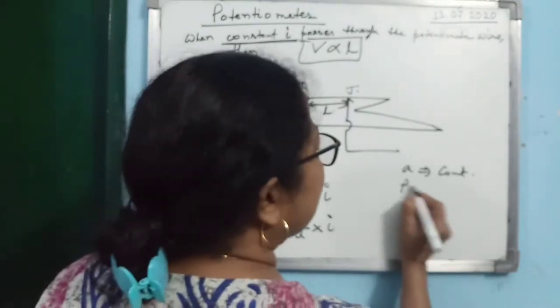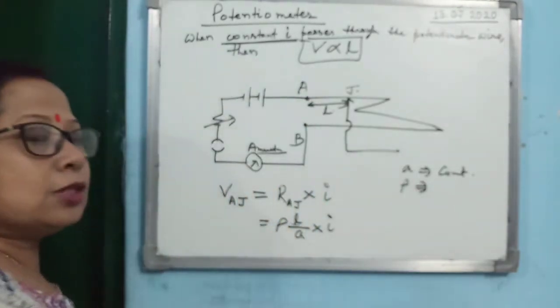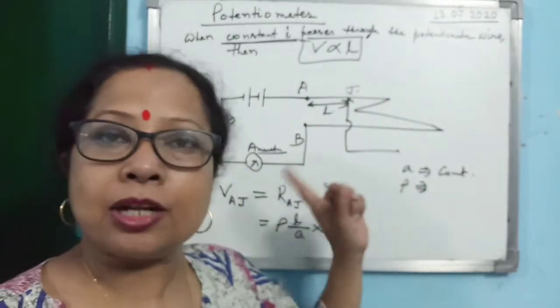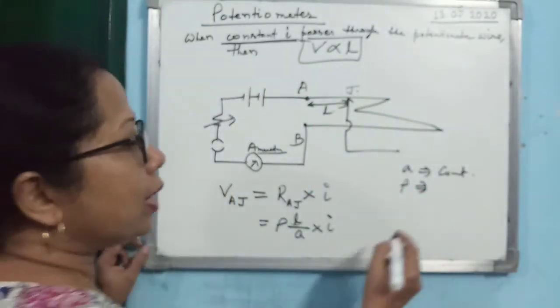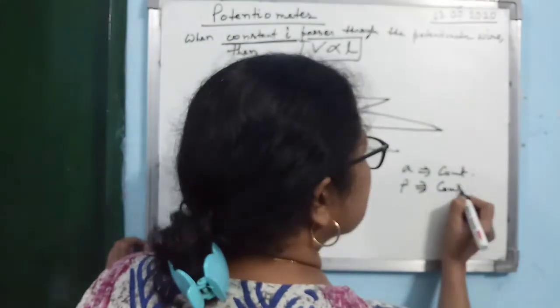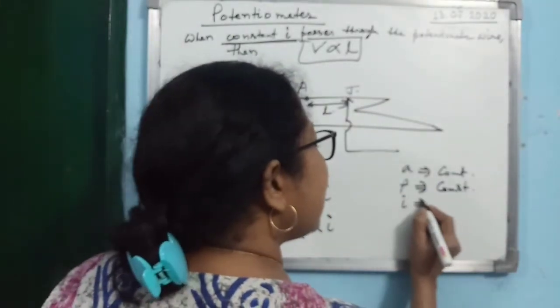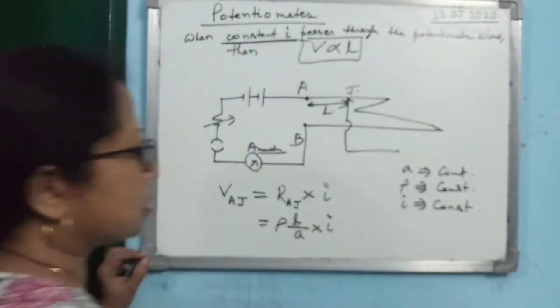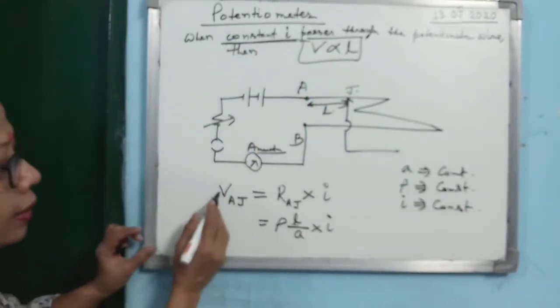Now rho is the specific resistance. Specific resistance depends on what? Material of the string. So that also we are not changing. So rho is constant. And already we have said that we are sending constant current, so I is constant. Is that clear? So look at this one.